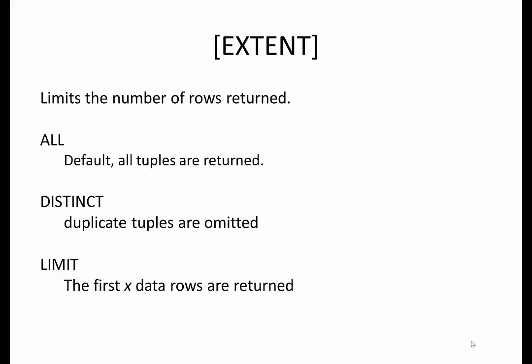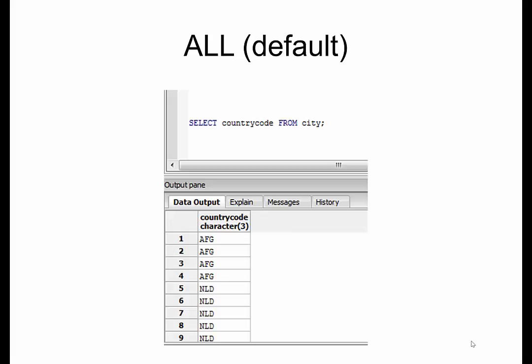What it does is it takes any duplicate tuples out of what's returned and just returns one of those duplicates. So every record will be unique if you put in the distinct keyword. Some queries will never return duplicate rows, some will. The limit keyword or extent can be used to just list the first so many records that are returned. So they'll list the top 5, the top 10, the top 15, the top 20. Okay, all is the default, so you don't need to put anything.